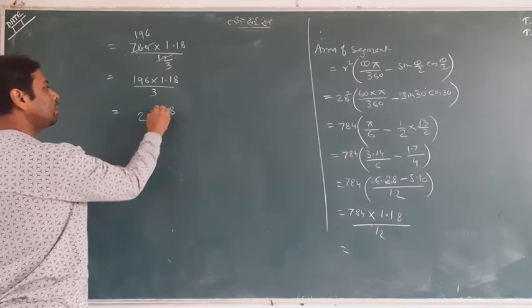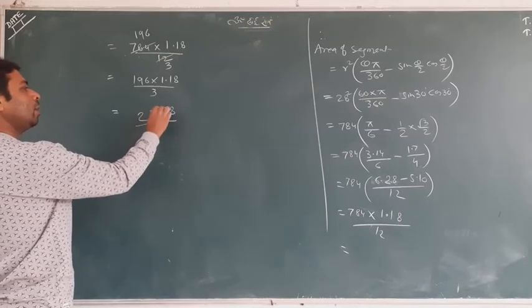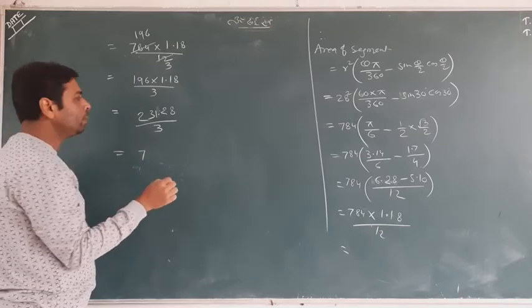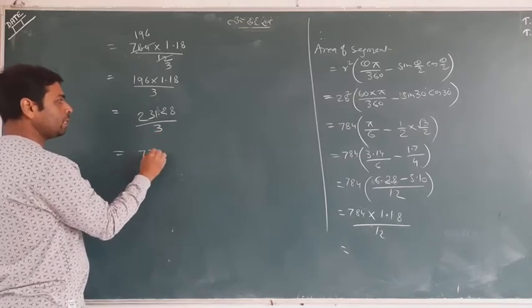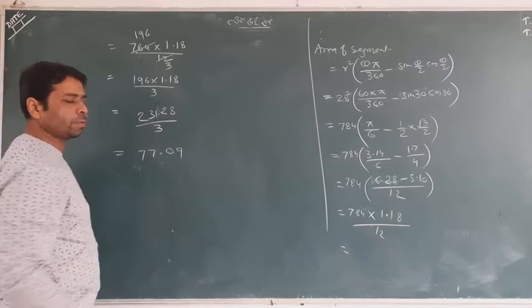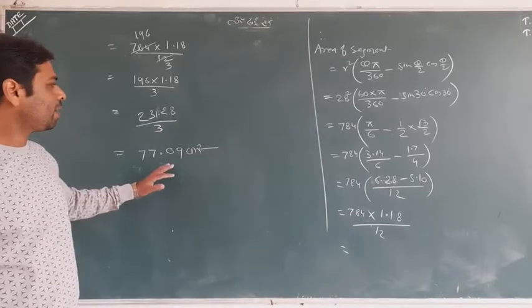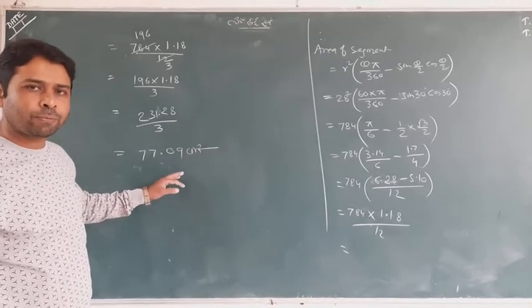So I have done it. 231.28 upon 3. I'll divide it approximately. 3 7s are 21, 3 7s are 21, and 3 9s are 27. This is approximately 77.09 centimeter square. So this is the area of one sector we have found.